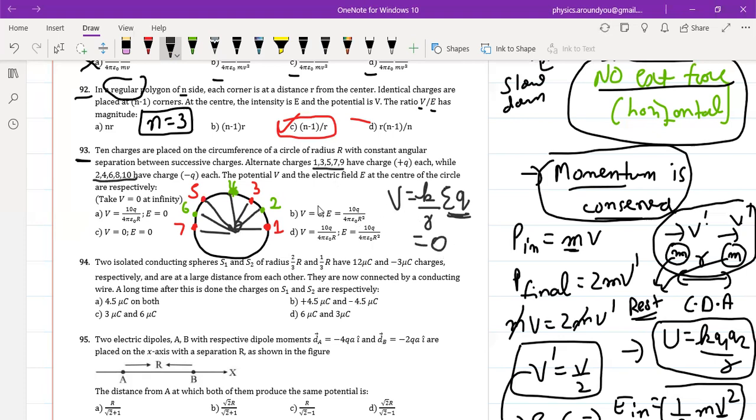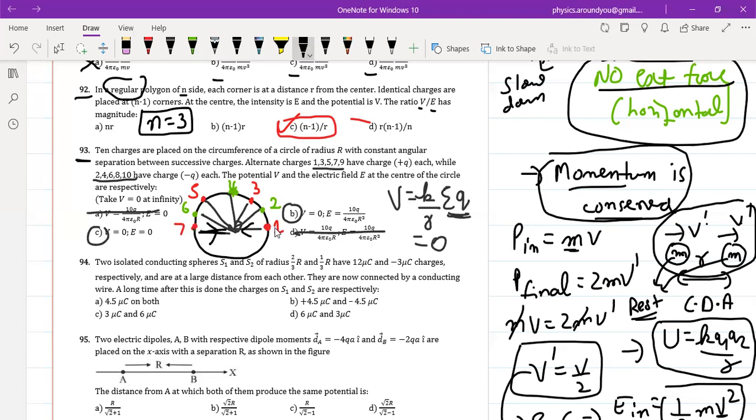So which of the options has potential as 0? Only B and C. I can eliminate A and D. Between B and C, what might be probable? I will just take this seventh charge and the first charge. Due to the seventh charge, the field at the center is pointing towards the center. Similarly, due to the first charge, it is towards the center.